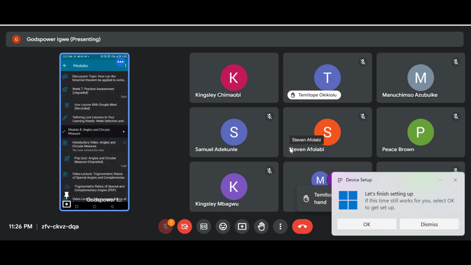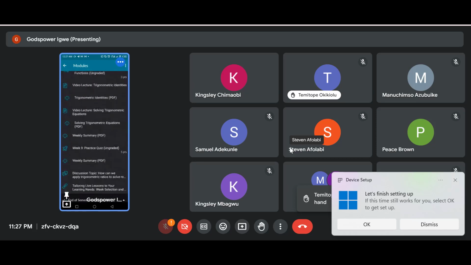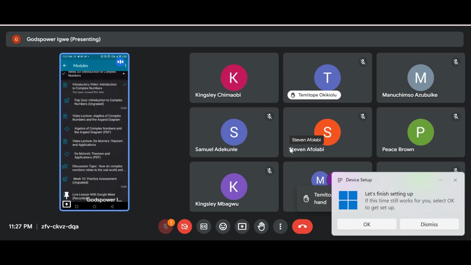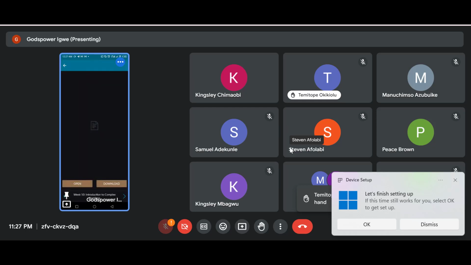Okay, what was that circular trigonometric ratio? We finished that. Complex numbers, we did complex numbers last time. Let's explain it again. Did they say polynomials is coming out? Did they give any concentration on polynomials?